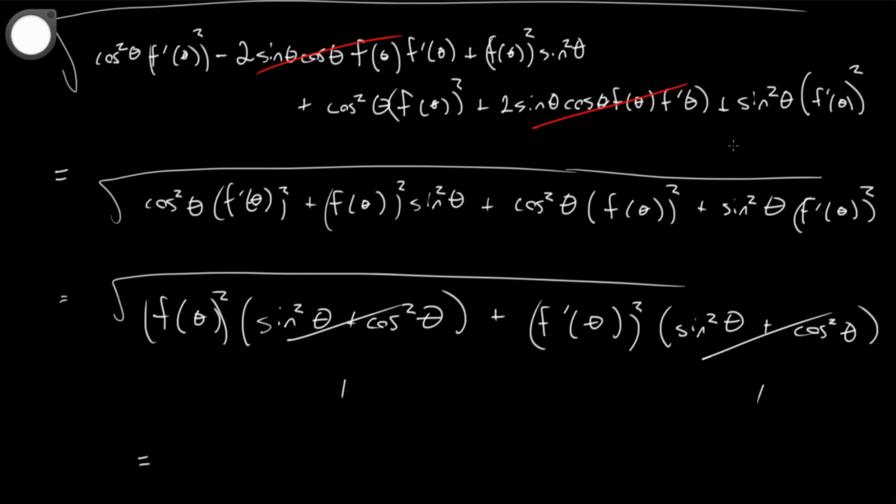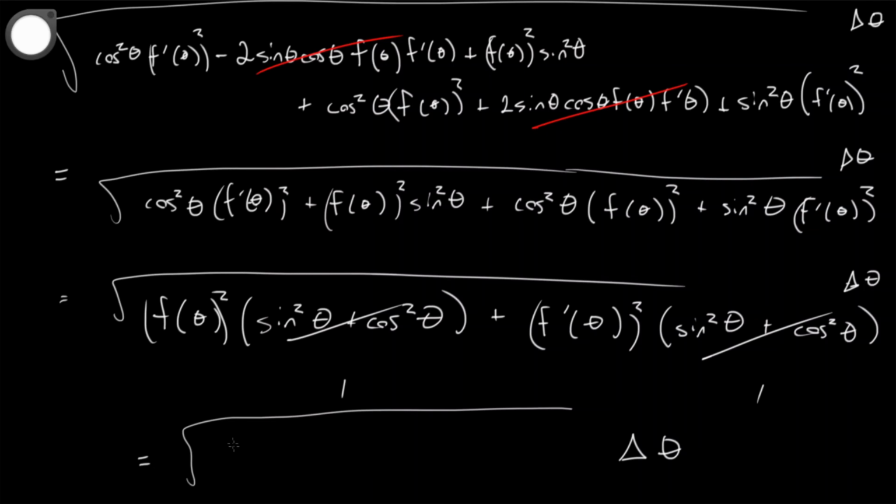Oh, you know, I've forgotten this entire time, and people might have been screaming at home, there's a delta theta on the outside of every single one of these radicals. Let me not forget the delta theta right now.